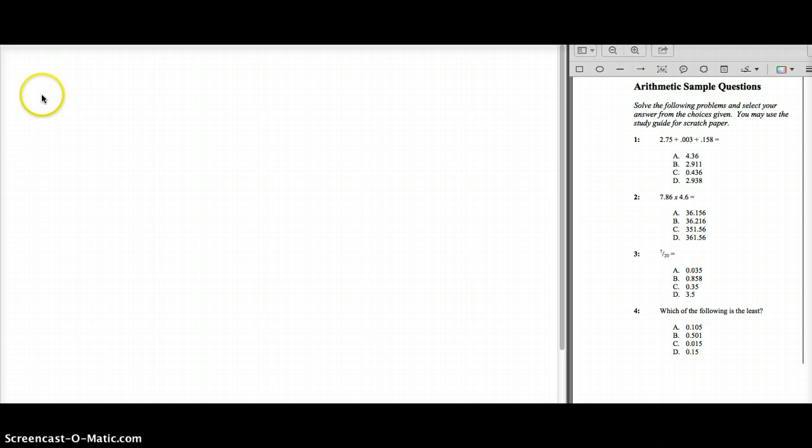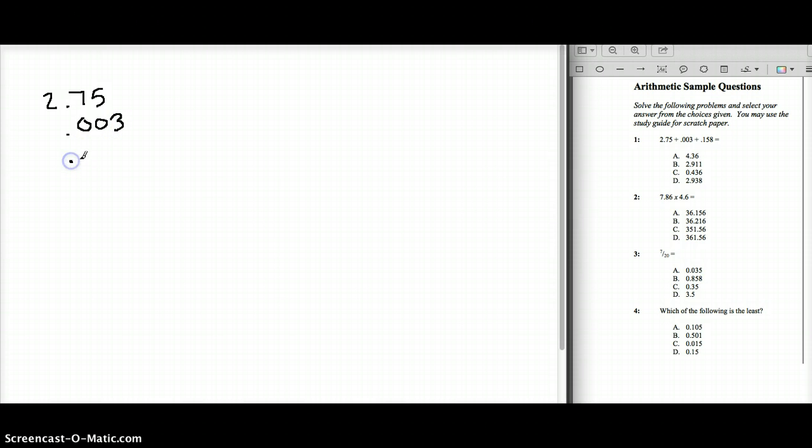So first of all, let's start at the beginning. The first number is 2.75. We can write that out. The key to adding and subtracting any decimals is that we're going to want to keep the decimal points lined up. So on the second number, we're going to put the decimal point right under the first one, and then write out the number as follows: 0.003.